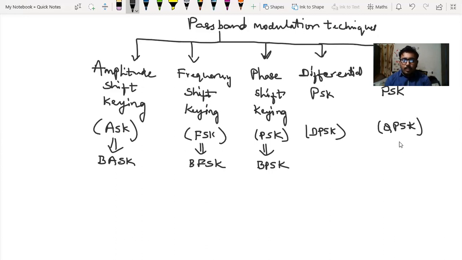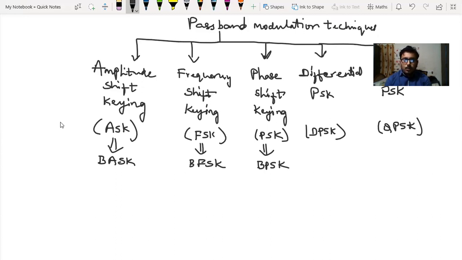Here, the thing we have to understand is that when we go for passband modulation techniques, we are always taking the input in terms of binary, whereas the output we get shows variations of the carrier signal in terms of amplitude, frequency, and phase.